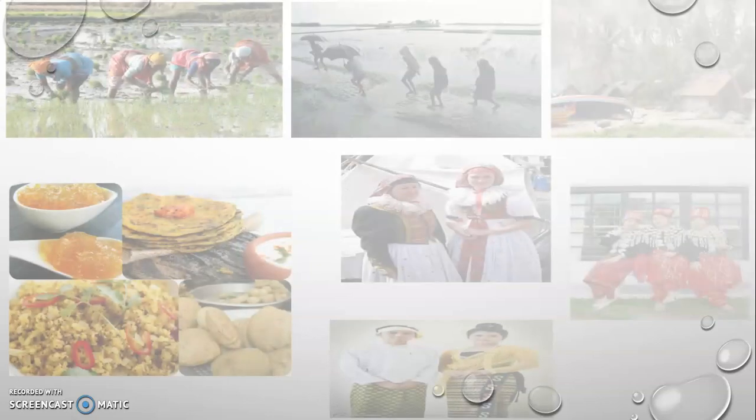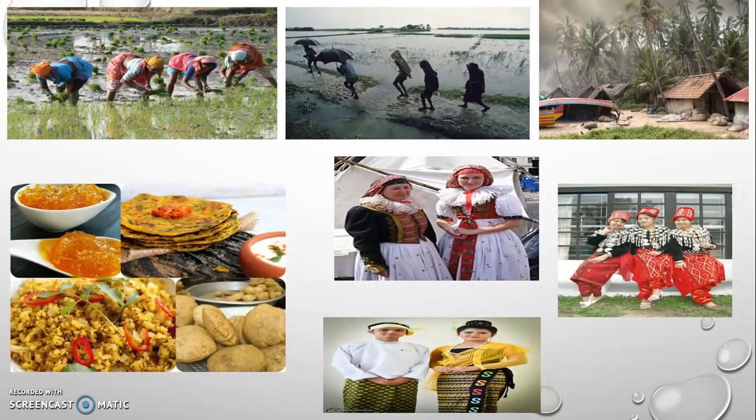Moving ahead, about human life, about the people of the monsoon region, as I said, there are a large number of small hamlets, as you can see on the screen, small houses near the seashore or village houses, hamlets, chote ghar. Because of heavy rainfall and uneven distribution of rainfall, agriculture is the most important occupation of the people over here.